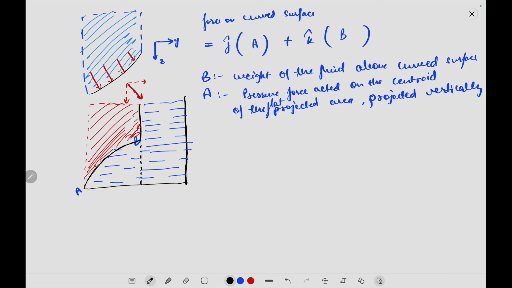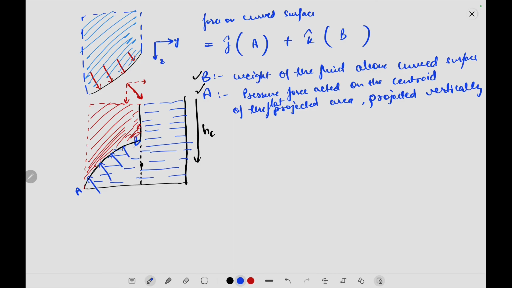By knowing the dimensions I'll know what hc would be and what the area of this projected surface would be, and I will know this term capital A. So I will know B, I will know A, and I will be able to calculate the force value on this curved surface. But this time, since the fluid is like this, the pressure applied by the fluid would be something like this.